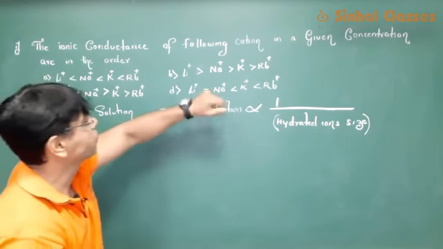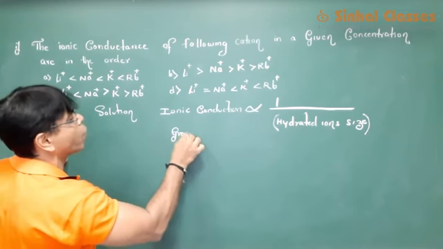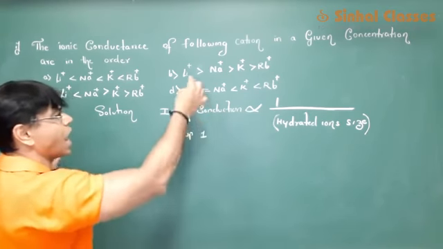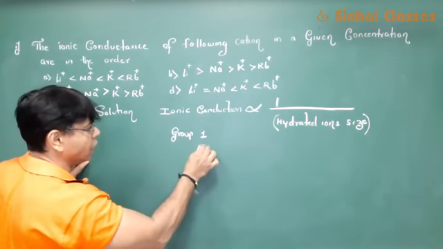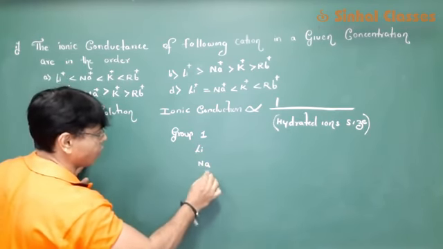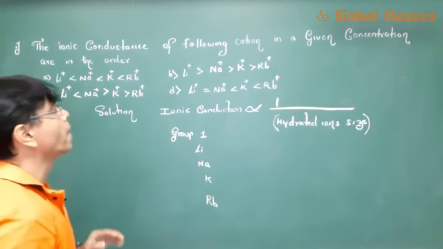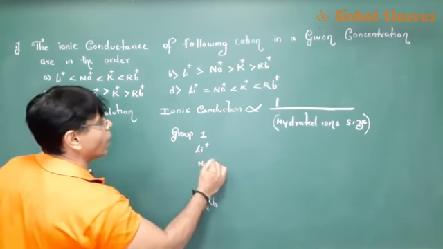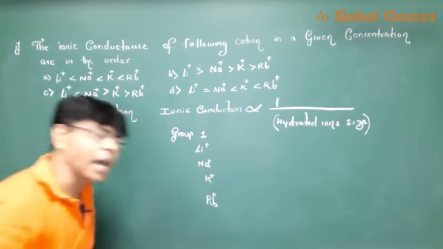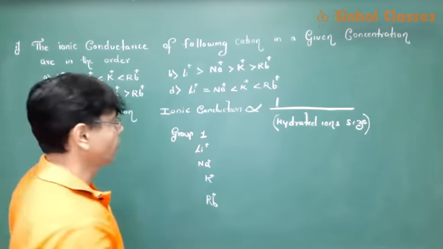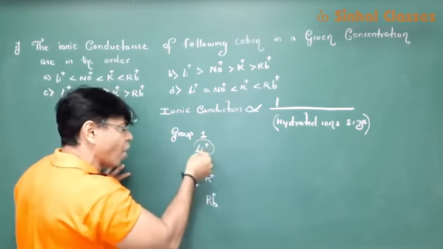As you can see here, these are group 1, that is alkali metal ions given to you, which involve lithium, sodium, potassium, rubidium. They all are in the ionic form. As we know, the smallest size will be of lithium.